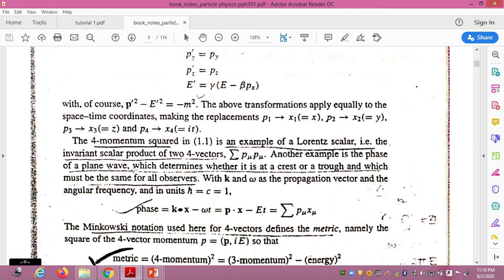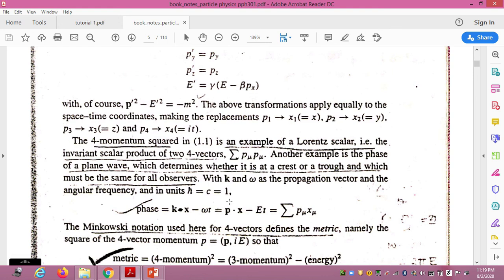Whenever you write a wave equation, you normally write e to the power i (kx minus omega t). So kx minus omega t is the part associated with the phase of the wave. Here k is the propagation vector and omega is the angular frequency. So the same equation, when you use the natural units h-bar and c equal to 1, can be written in this way.